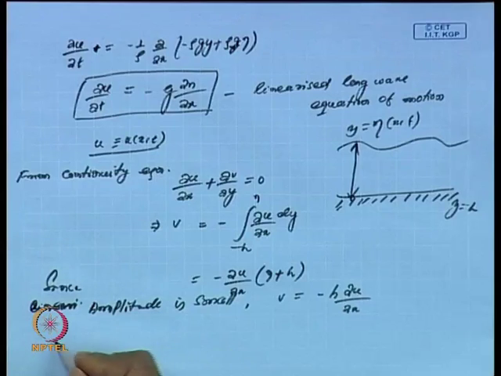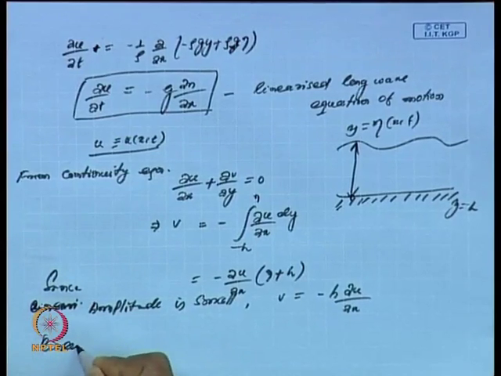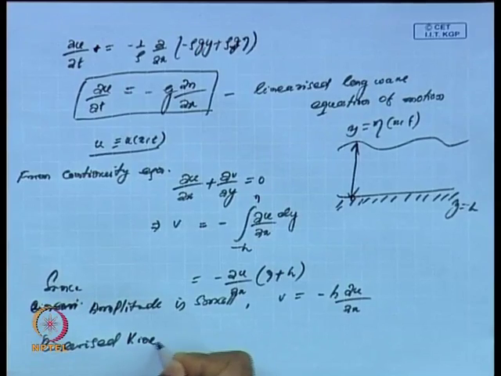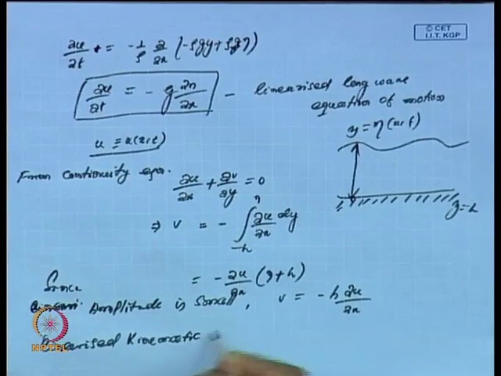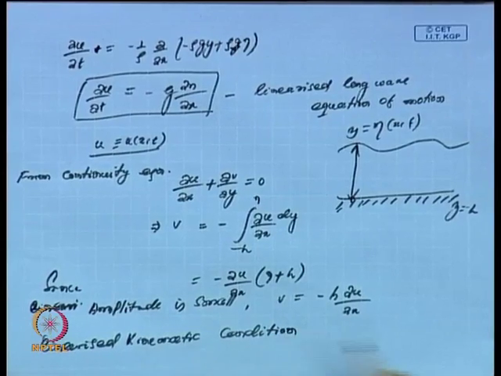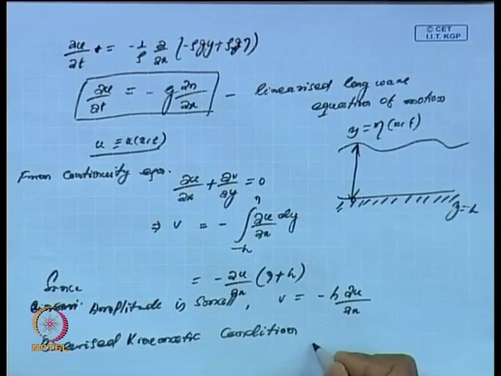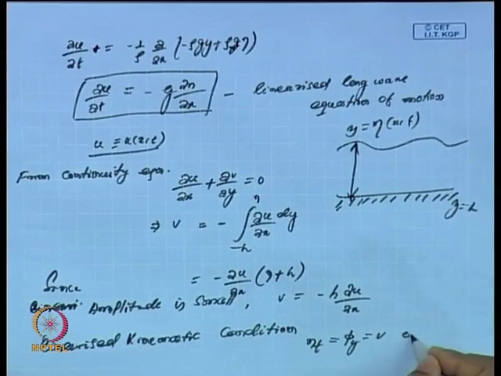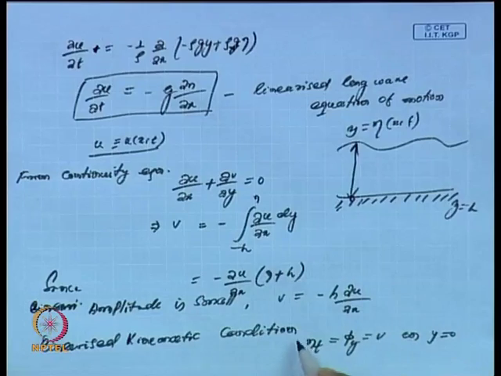And again, from the linearized kinematic condition, we have eta t is nothing but phi y, and that is v, on y is equal to 0. That is the linearized kinematic condition.